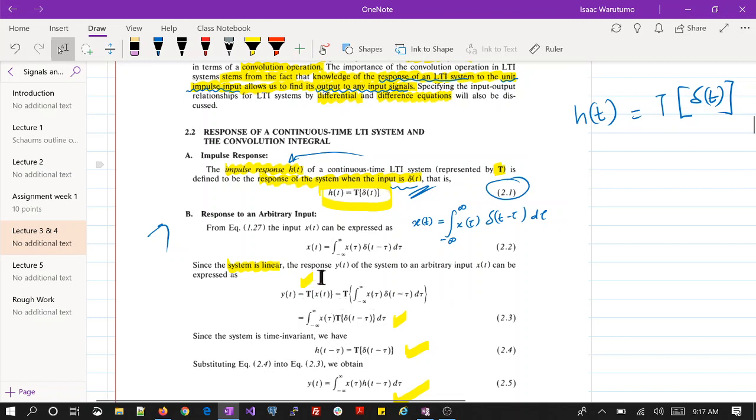Now, the response to an arbitrary input, if we know the h of t, becomes very simple because it is described by equation 2.2.